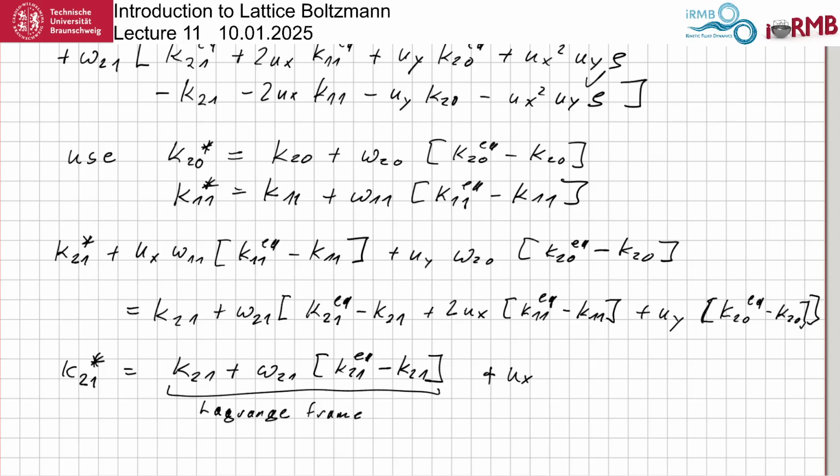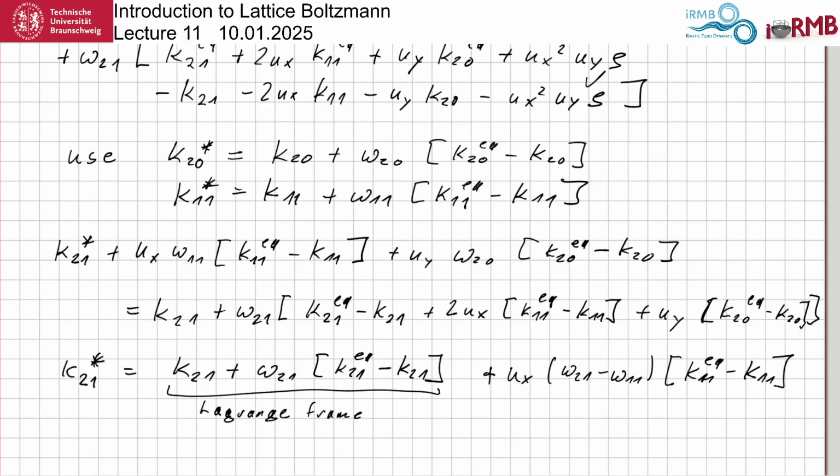Velocity did not disappear. So we have ux times omega 21 minus omega 11 times K11 equilibrium minus K11. You know that K11 equilibrium minus K11 in general is not zero. This is the stress.